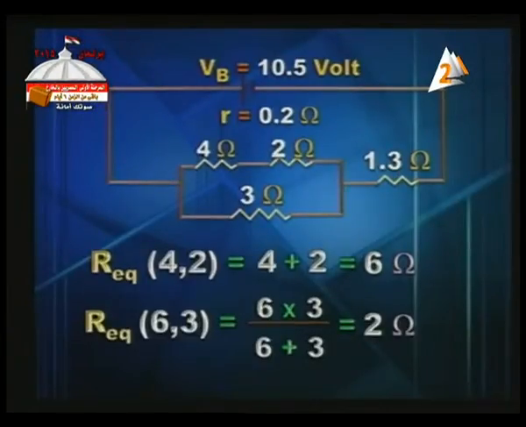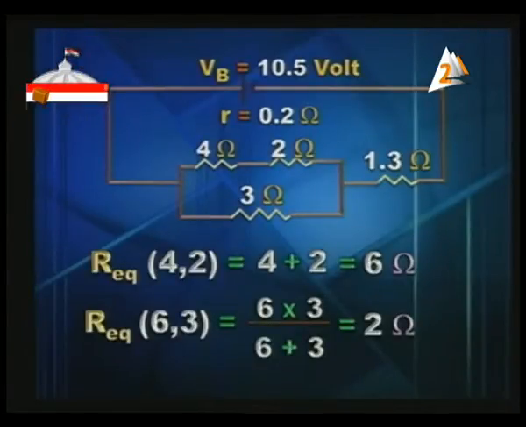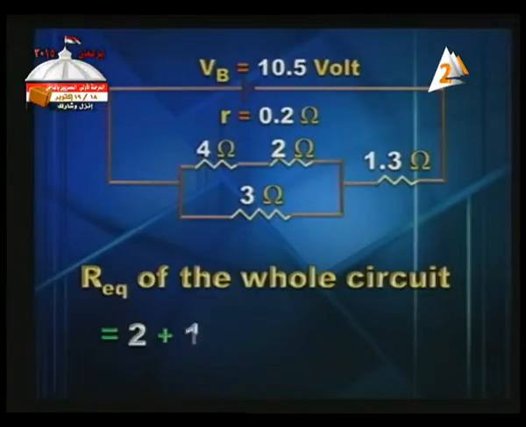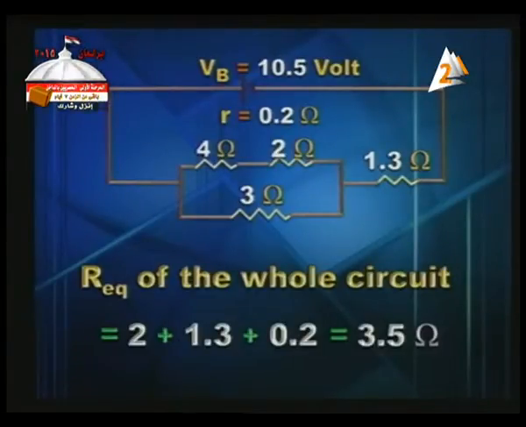So the parallel group has an equivalent resistance of 2 ohms, and it is connected in series to 1.3. So R equivalent of the whole circuit, including the internal resistance, equals 2 plus 1.3 plus 0.2. It is 3.5 ohm.